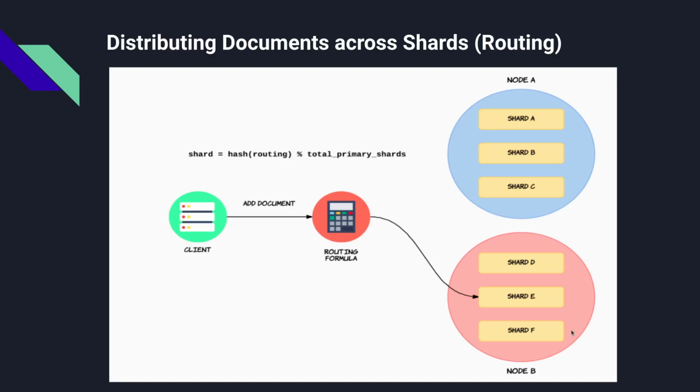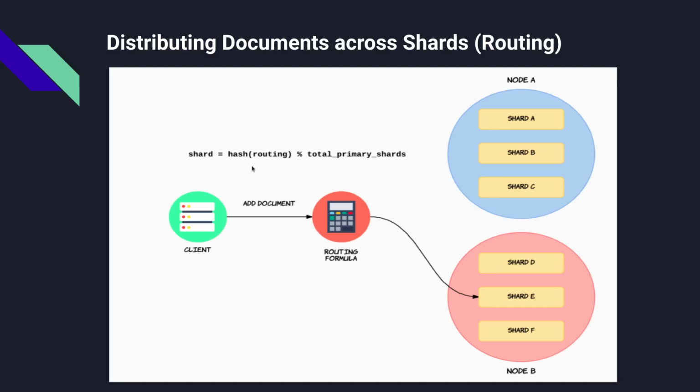To make Elasticsearch easy to use, routing is automatically handled, and we don't need to do it manually. Even though there is a way we can do custom routing, that is a very advanced topic.